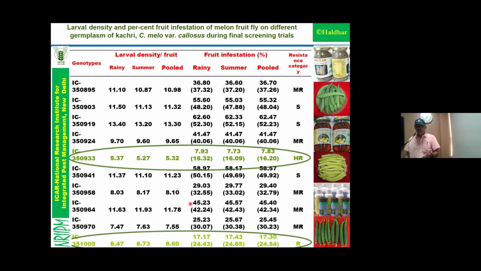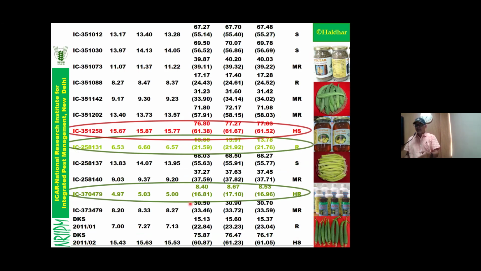So on the basis of this, we found that IC number 350933 has only 5 to 5.7 incidence, and it's highly resistant, because if incidence is less than 10%, that comes under highly resistant lines. Then there are also resistant lines, and some highly susceptible lines we also found.